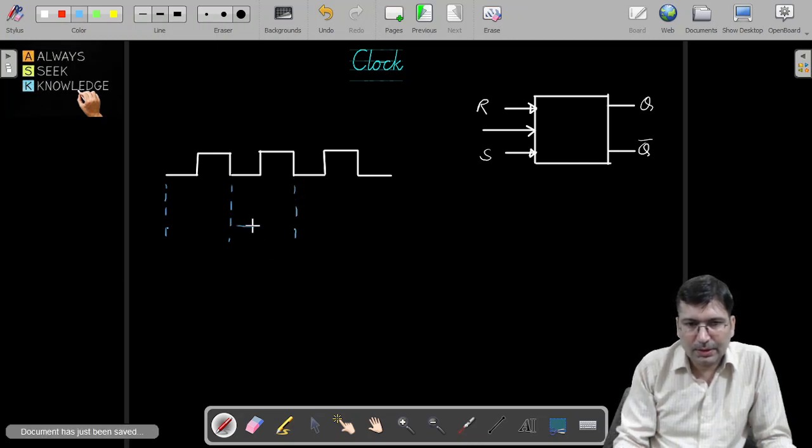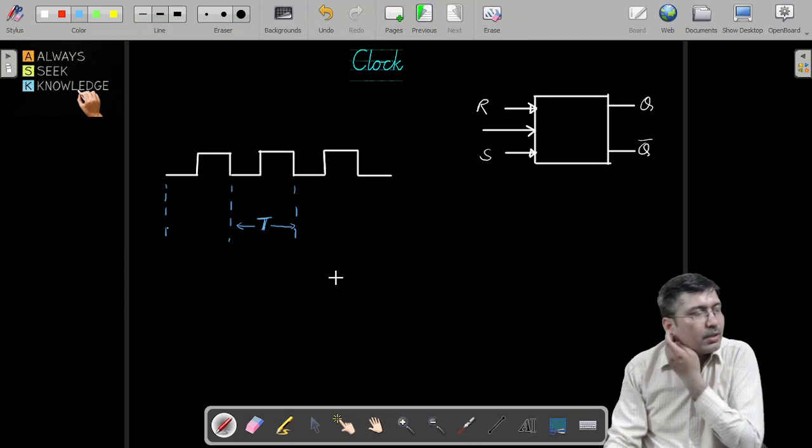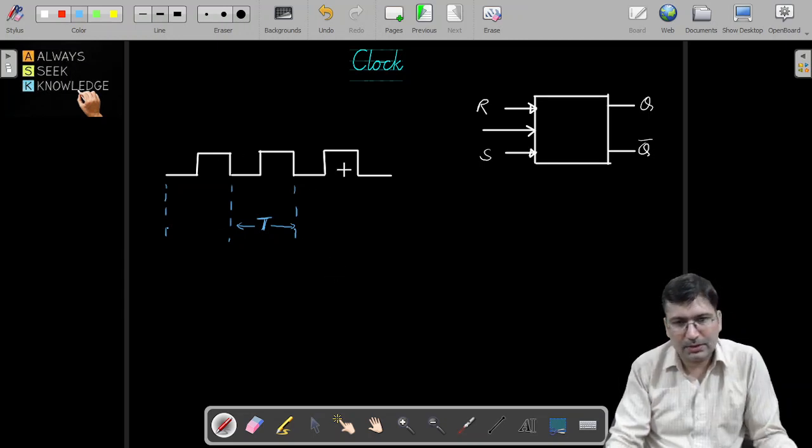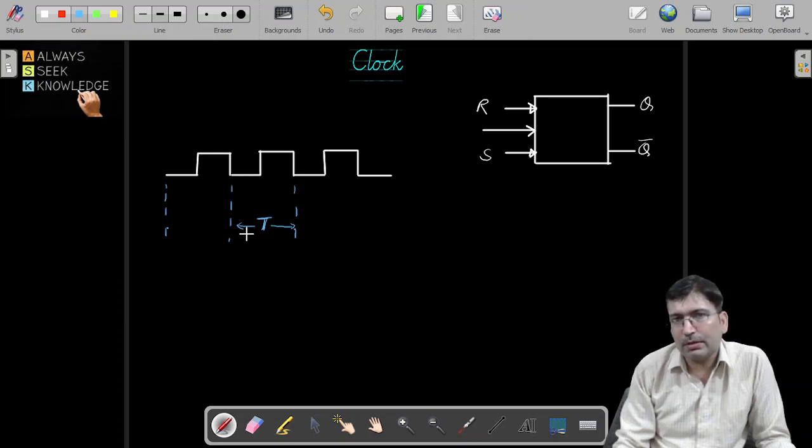So this will be treated as the time period of this clock, let's say T. Now in a particular interval of time, how many such signals are generated will decide the frequency of the clock. So frequency and time period are reciprocal to each other. That is also very easy to understand.